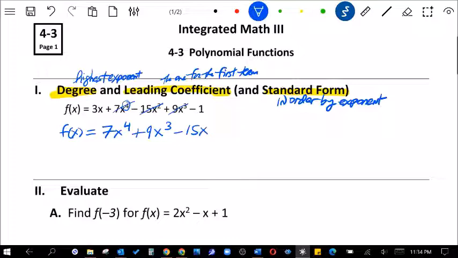Notice that I'm careful to keep the minus with the 15. And then plus 3x, because that's next to the first power. And then minus 1, because in reality, although we don't see it, there's an x here, but it's x to the 0 power. So we have 4, 3, 2, 1, 0. But x, anything to the 0 is the number 1, so we don't need it.